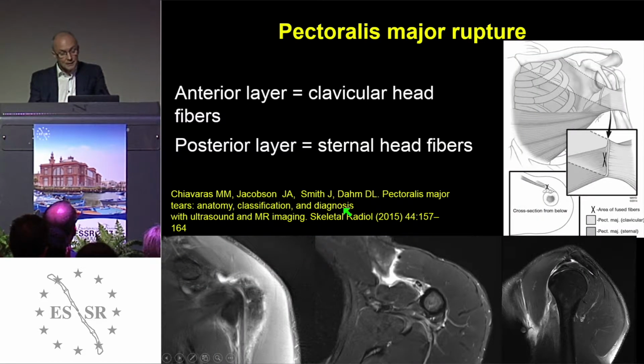More recently, research has been performed at the insertion, and it's a nice paper in Skeletal Radiology, and they have emphasized the two layers, the anterior layer from the clavicular head in the anterior aspect, and the posterior layer from the sternal head fibers.